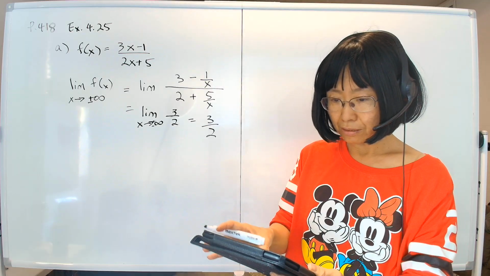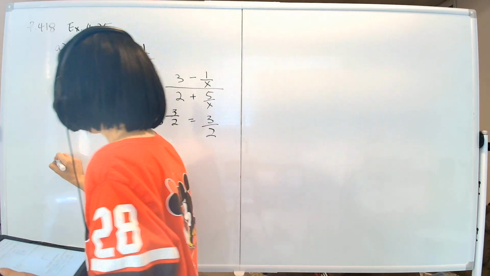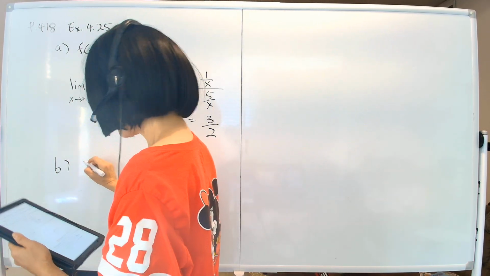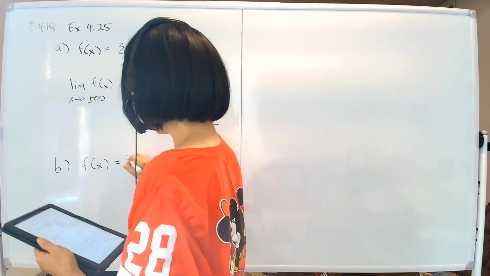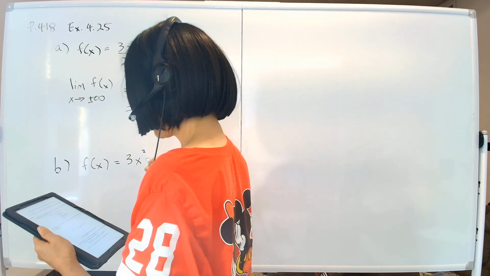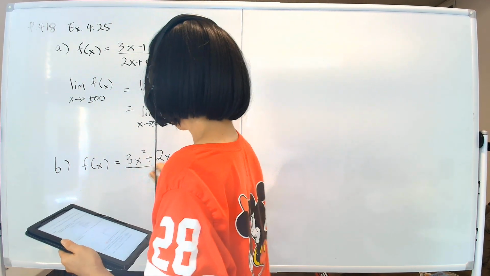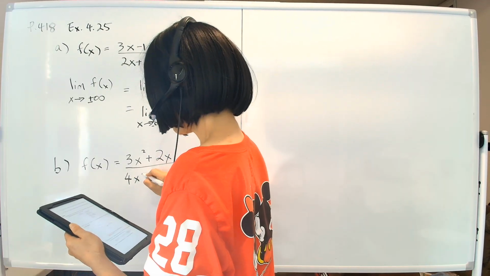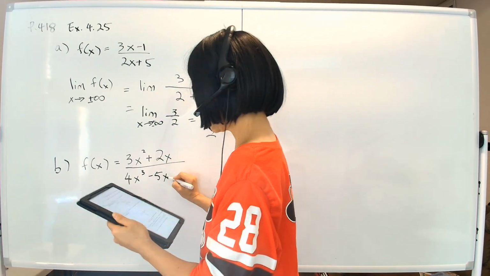Part B says, first let's write down the problem. f of x is a more complicated rational function: f of x equals 3x squared plus 2x over 4x cubed minus 5x plus 7.